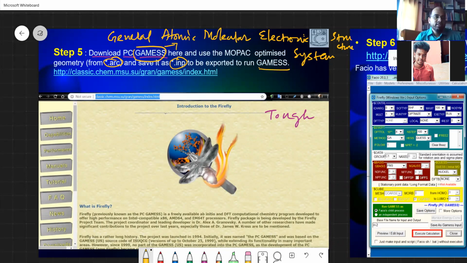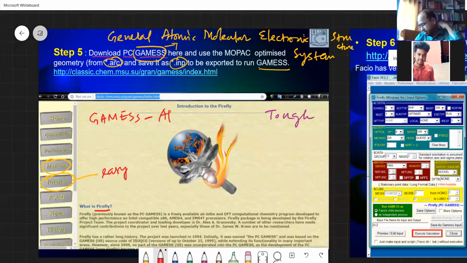There will be a lot of things there. Here you can see the manual and tutorial there. The tutorial is very good and easy. You can do it step by step. It's about Firefly, the name given to it. Usually GAMES was developed by one US scientist, James is the name.